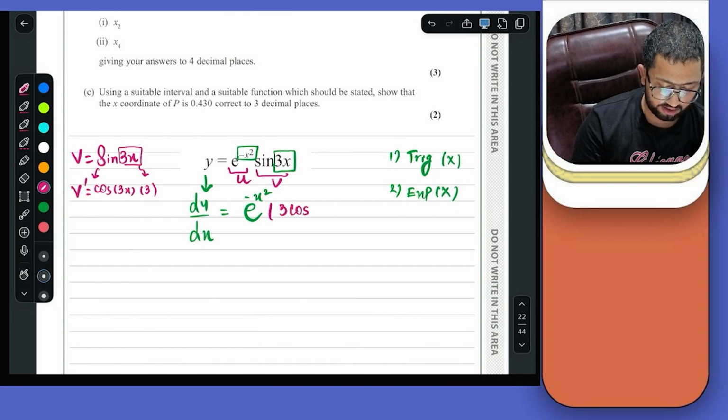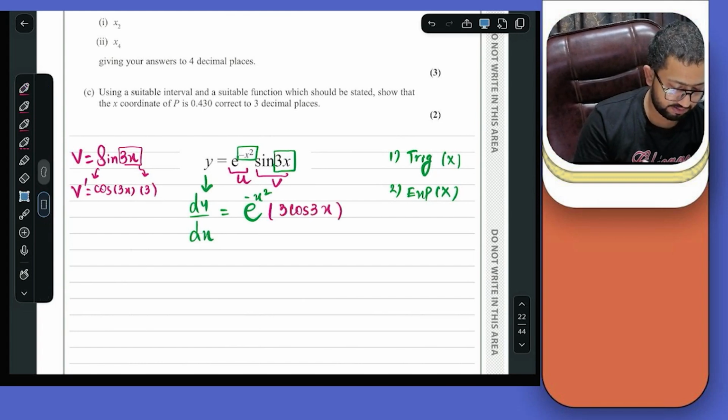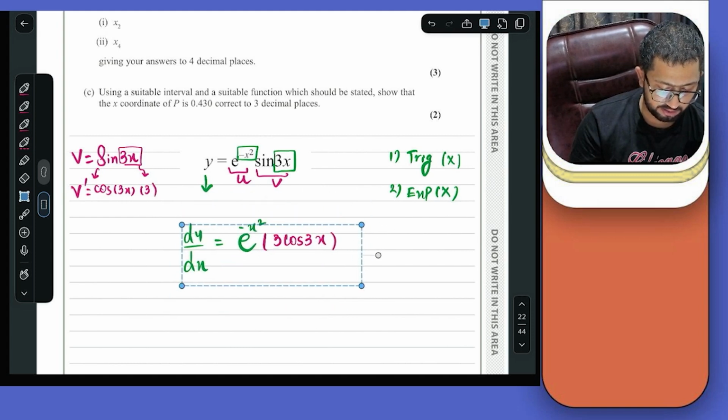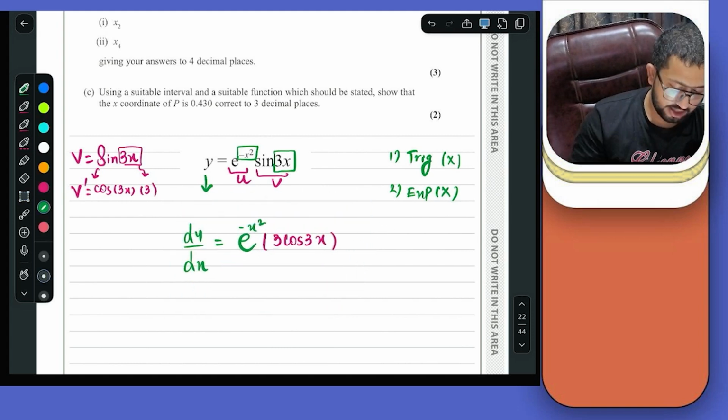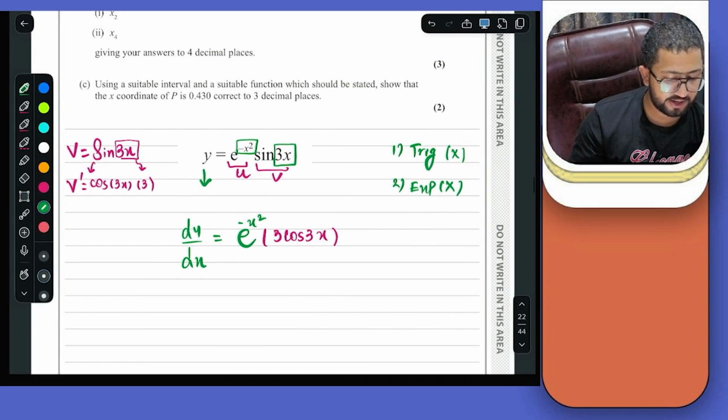So 3 cos 3x. Perfect. Everyone knows how to apply the product rule: u as it is, take the derivative of v, plus v as it is, take the derivative of u.